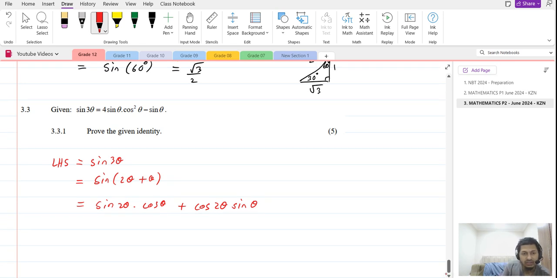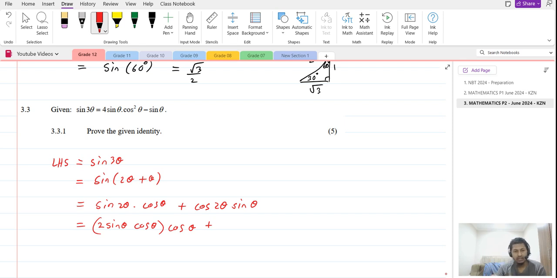Now what do we need to keep? We need to put everything in terms of sine and cos. So we're going to expand this out. So this is 2 sine theta cos theta times the cos theta plus cos 2 theta sine theta. Do we write in terms of sine or do we write in terms of cos?